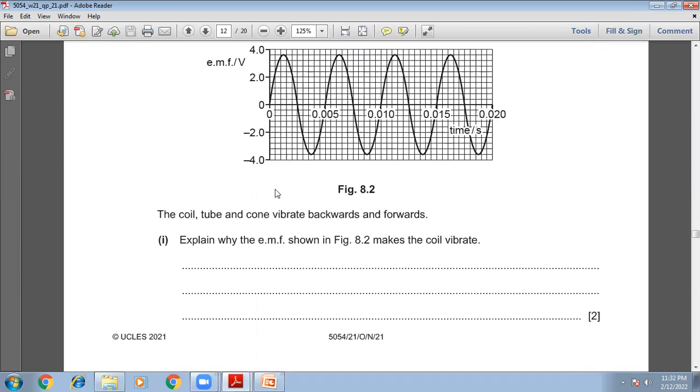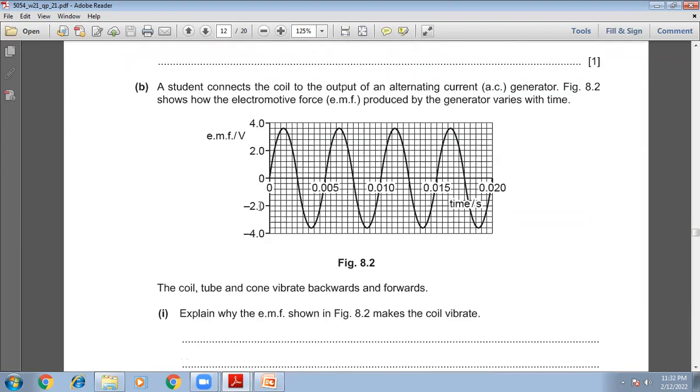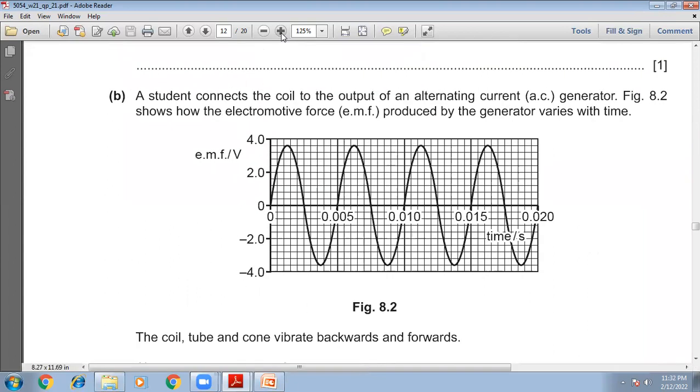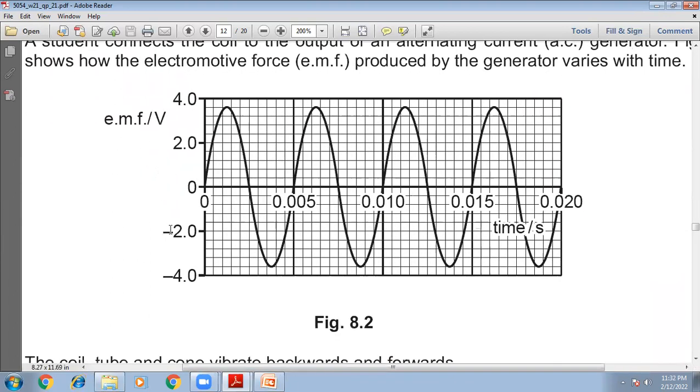Okay, so this is the current which you have provided to this coil. Let me show the graph. This is the EMF time graph of that current, and you can see that EMF is going up to, I think, 3.6 volts, so it's positive here.